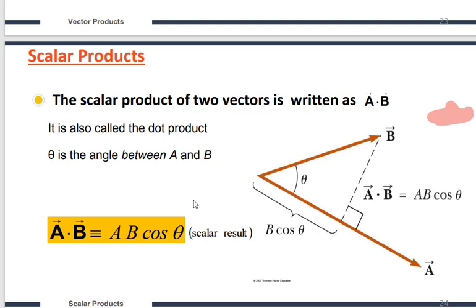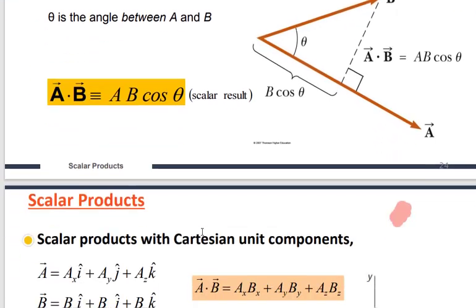Now we are not going to study much about dot product, but you should remember about the dot product. A dot B is nothing but AB cosine theta. Do you remember what is cross product? A cross B is AB sine theta. Just I am reminding you. Cross product is AB sine theta. Dot product is AB cosine theta. Okay.